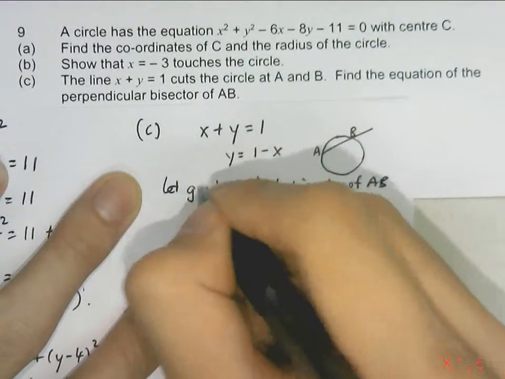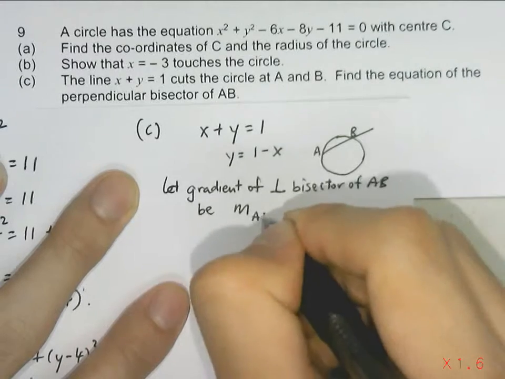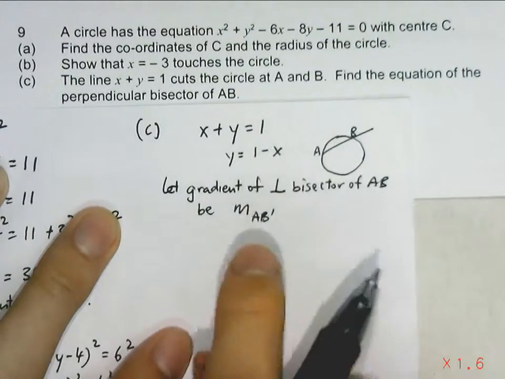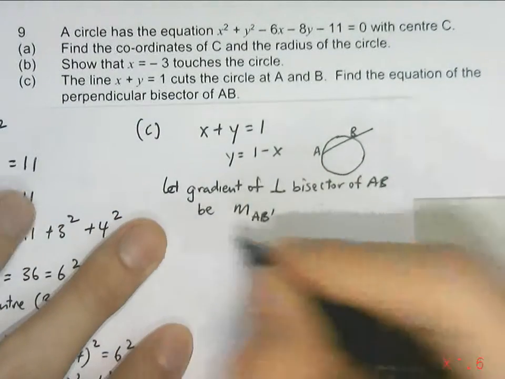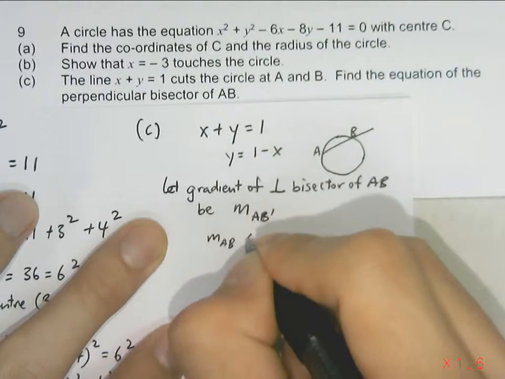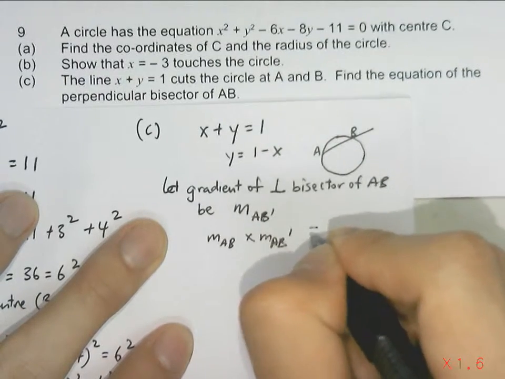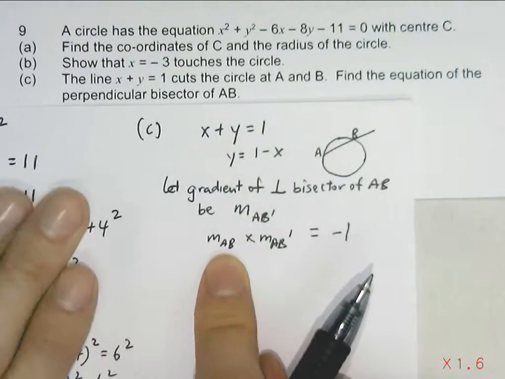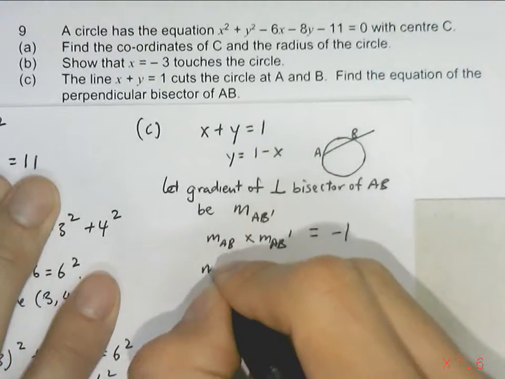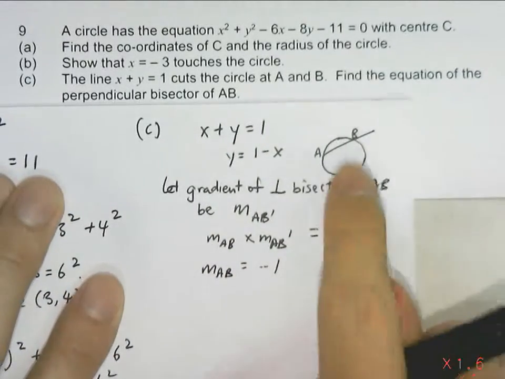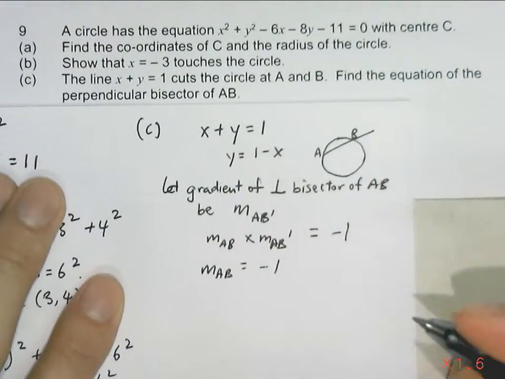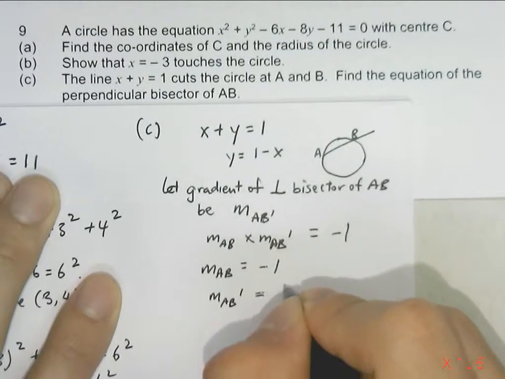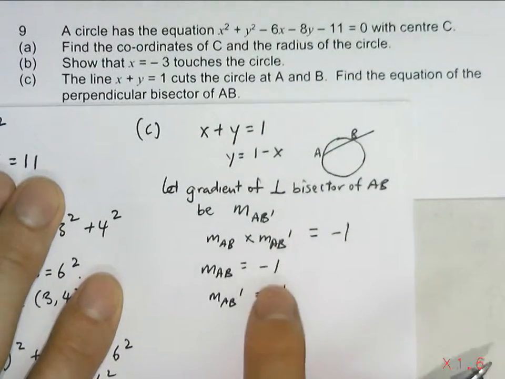Let's just say this is m_AB complement. The product of the gradient of the bisector and the line itself will give us minus 1. The gradient m_AB is minus 1 from here. So the perpendicular bisector gradient would just be 1, because 1 times minus 1 gives us minus 1.